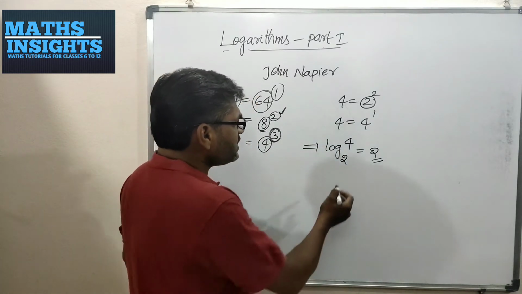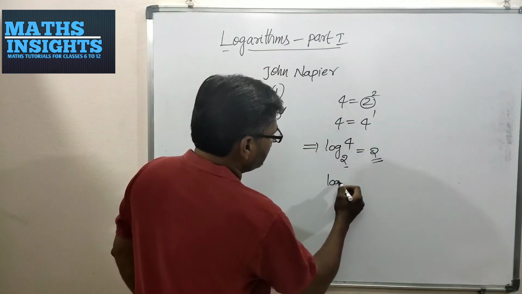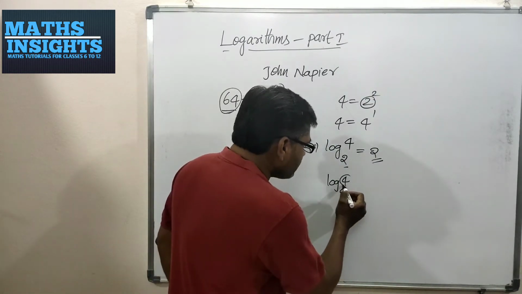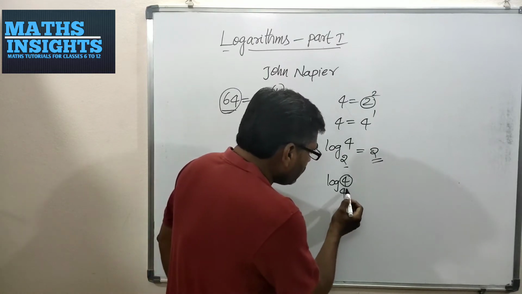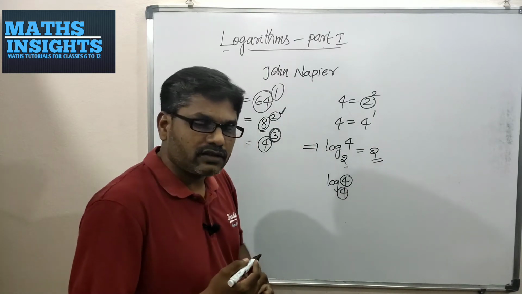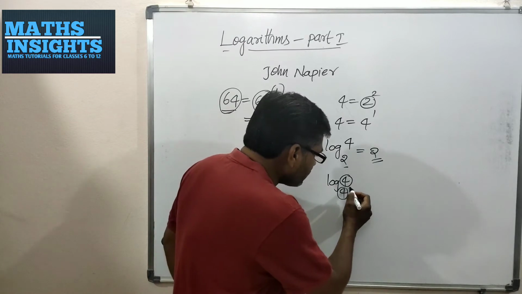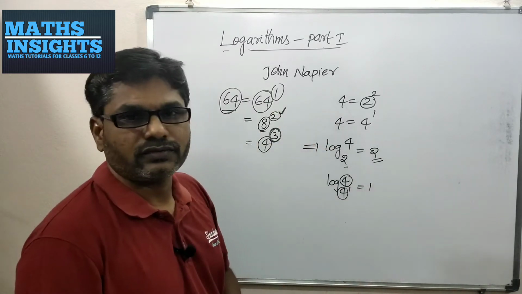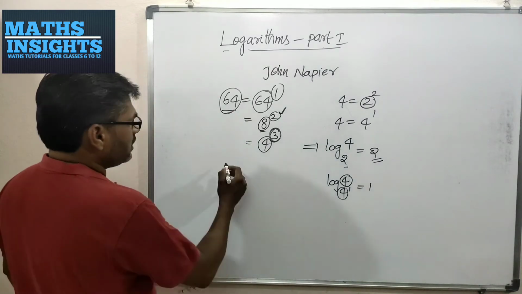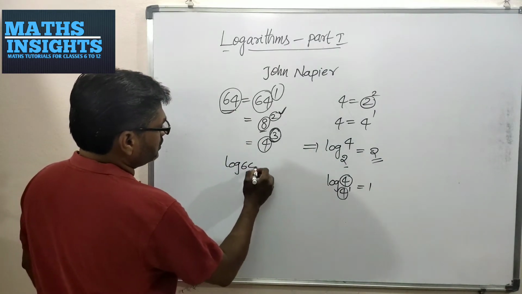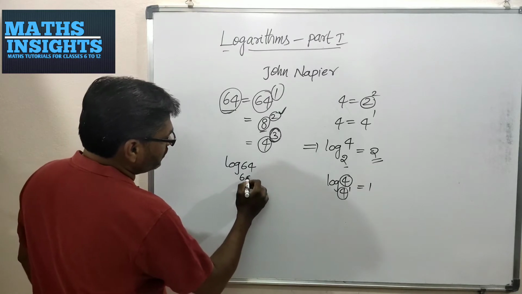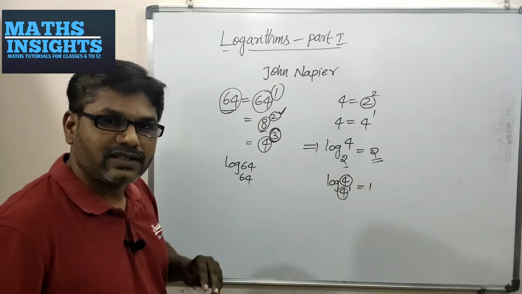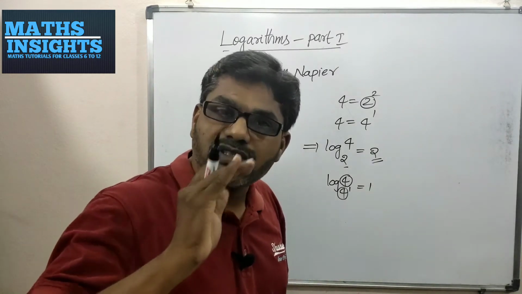Similarly, by changing the base, I will find log 4 base 4. To get this value, I am taking 4 as my base. To get this 4, I have to raise power 1. That one is the logarithm of 4. Coming to this, log 64 base 64. To get 64, I have to raise 1 on the base 64.